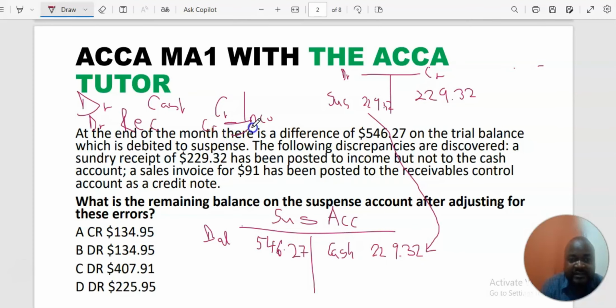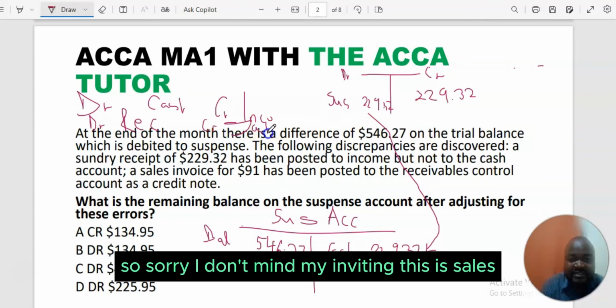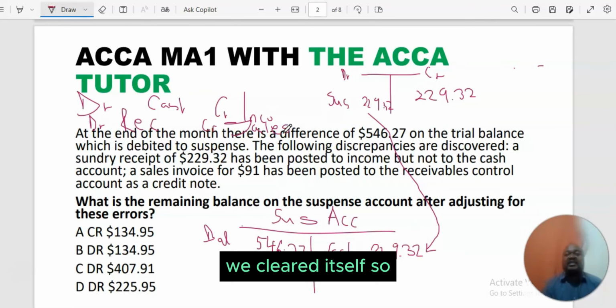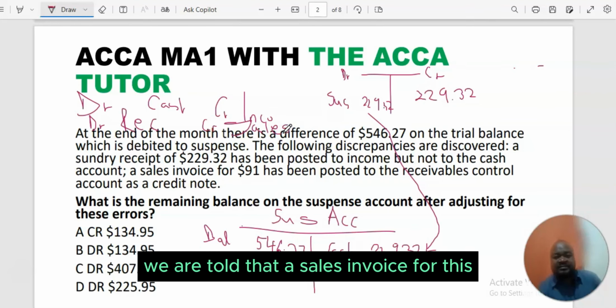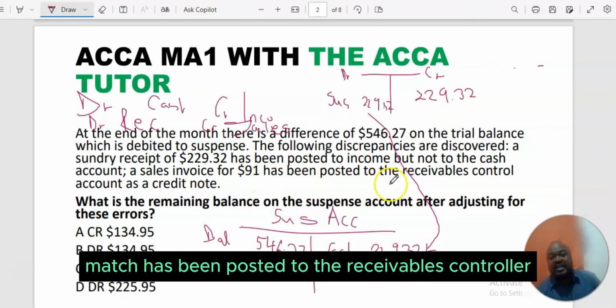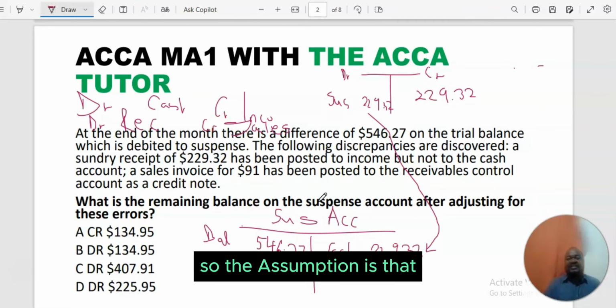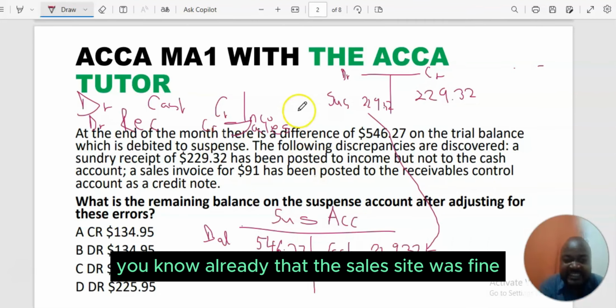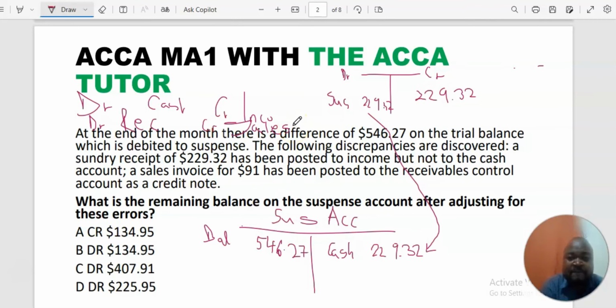Sorry, I don't mind my handwriting. This is sales. We credit sales. So we are told that a sales invoice for this much has been posted to the receivables control account. So the assumption is that you know already that the sales side was fine.